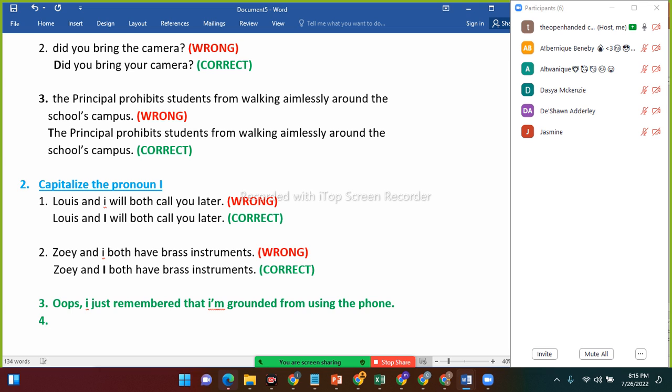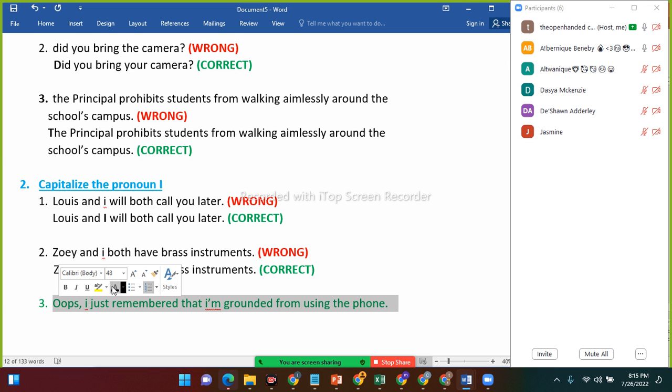So what should be correct here? You have I and I'm wrong. Very good. So I need to correct that.